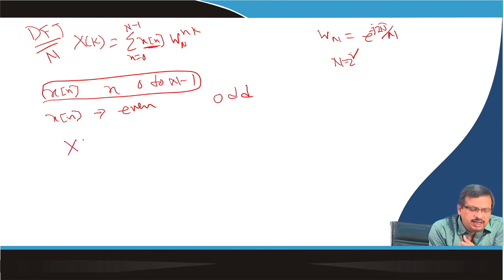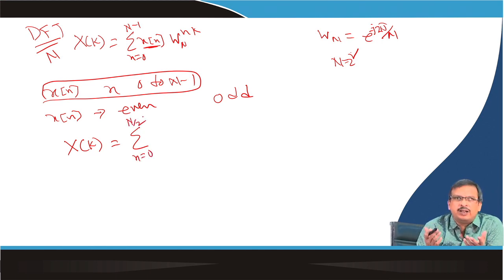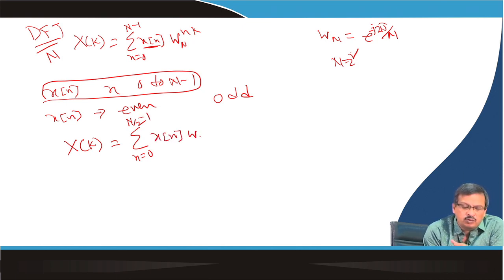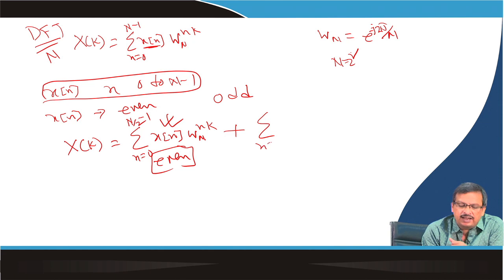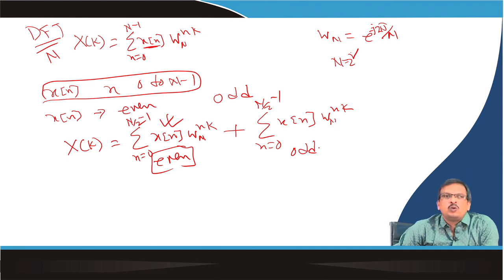So I can say X of k is equal to the sum over n from 0 to N by 2 minus 1 of x of n W_N to the power nk for even n, plus the sum over n from 0 to N by 2 minus 1 of x of n W_N to the power nk for odd n. Here I am accessing the signal where the index is even, and here where the index is odd.